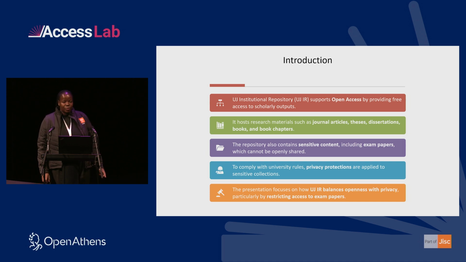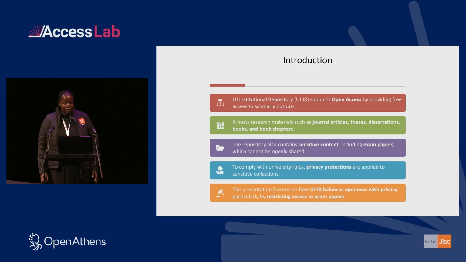The repository has recently added sensitive content, which is examination papers that didn't form part of the scholarly outputs. We needed those to be stored on a system where we can incorporate restricted access, and our repository was the perfect place to host them.